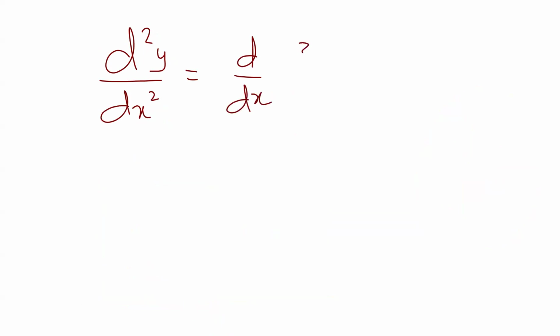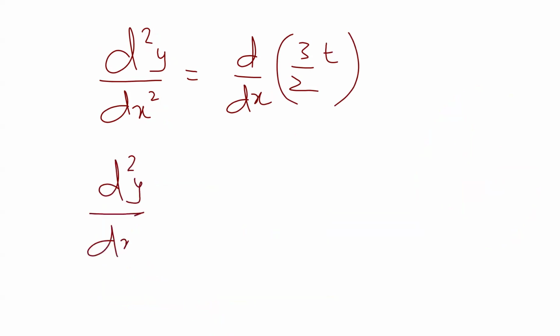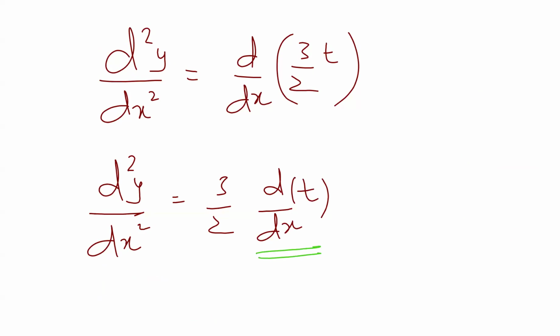Now be attentive over here. 3 by 2 will go outside, so this will be d by dx of t. So we have to find out this dt by dx. So this can be further written as 3 by 2 dt by dx.